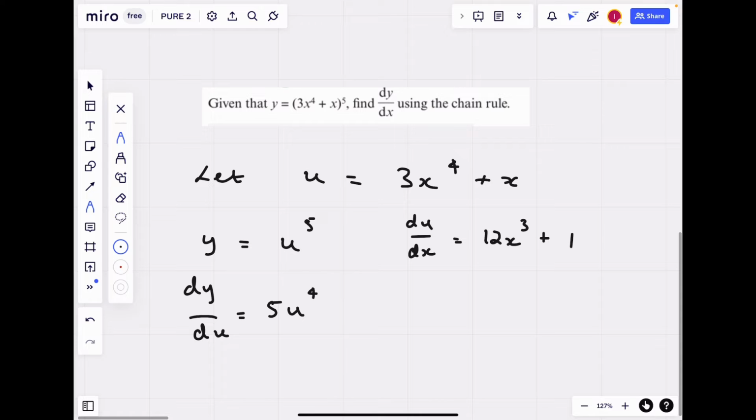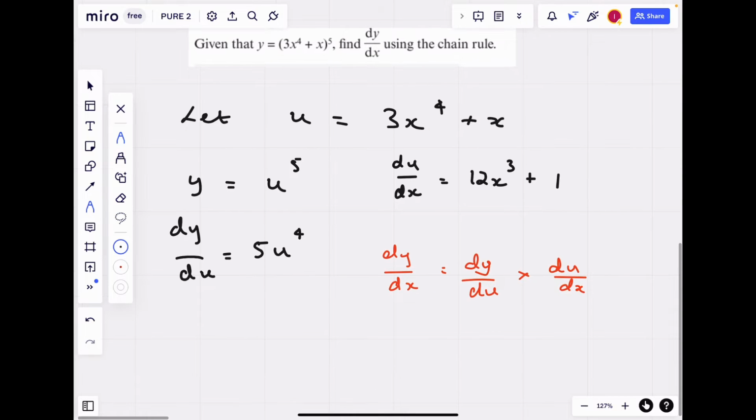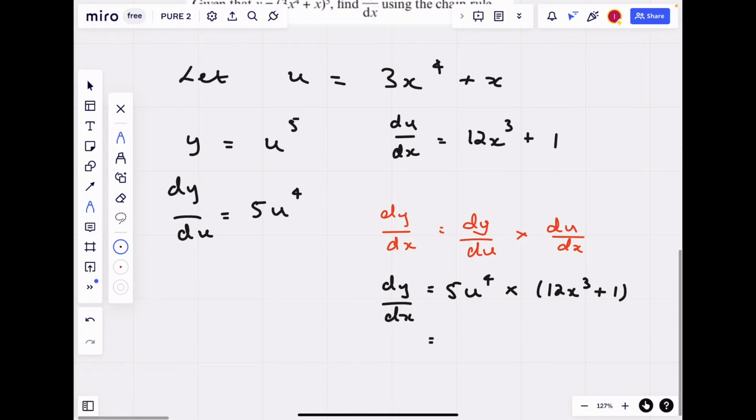Now, we're going to make use of the chain rule, which looks like this: dy by du times du by dx. My dy by du is 5u to the power 4 times du by dx. This gives dy by dx. Now, substitute back in what your u is.